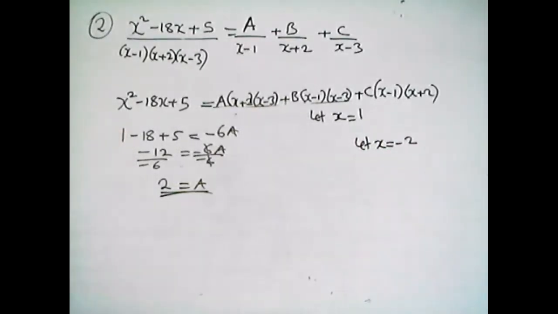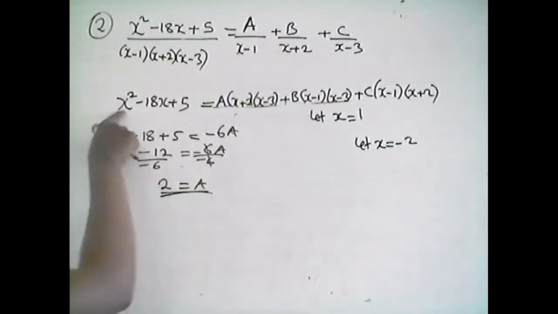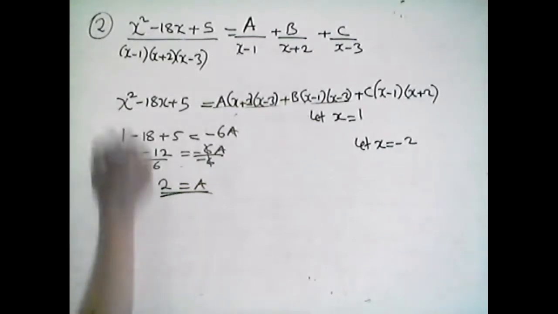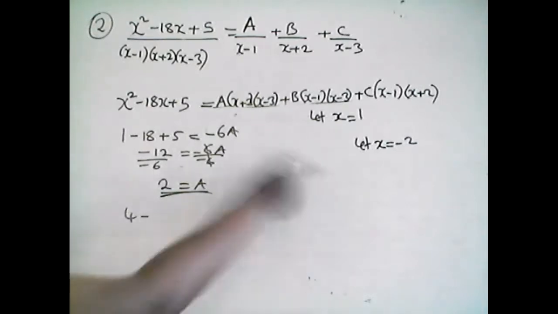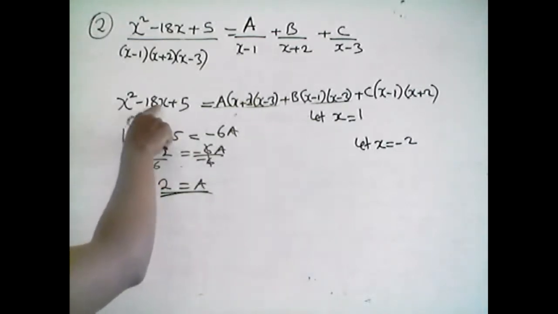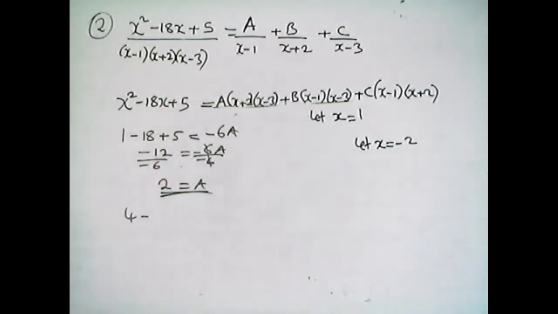Wherever there is x, we put a -2. So we start from here. -2 squared will give us a 4, minus -18 multiplied by -2. That's positive 36. So we get positive 36 plus 5.